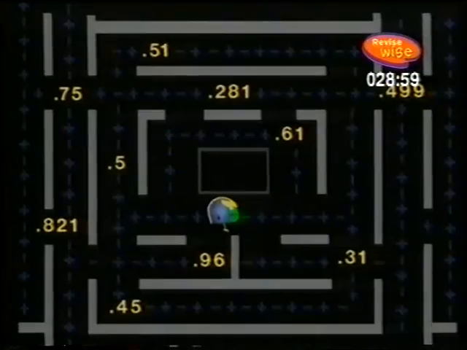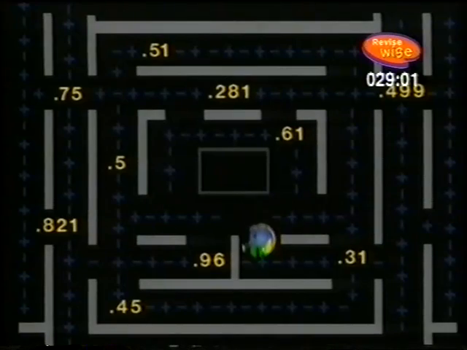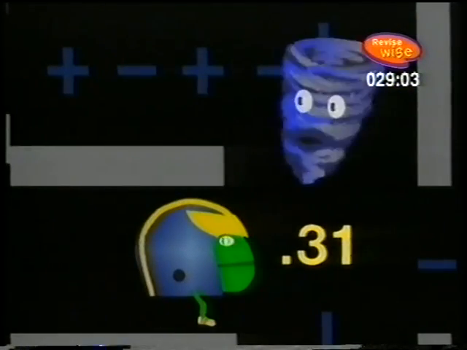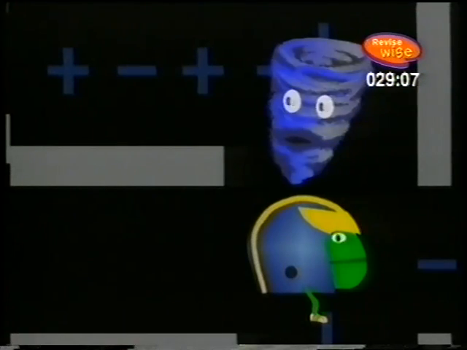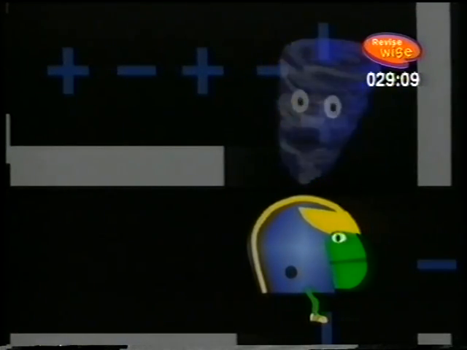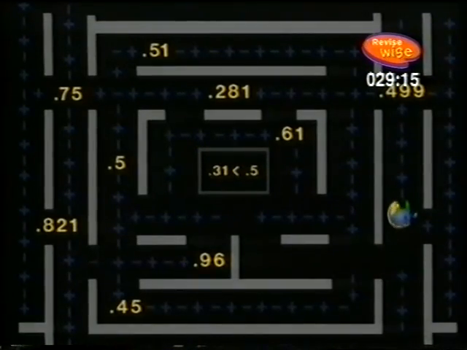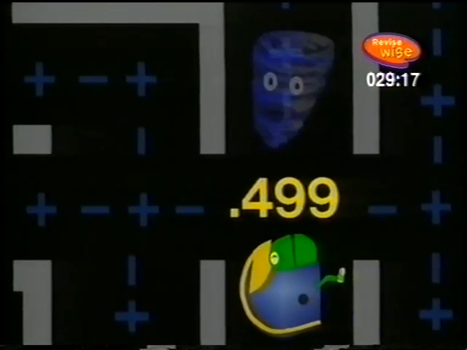See if you can spot all the numbers less than 1/2 before Mathman does. Mathman, Mathman, Mathman. That's less. Too smart. Mathman, Mathman, less than 0.5. Mathman, Mathman.